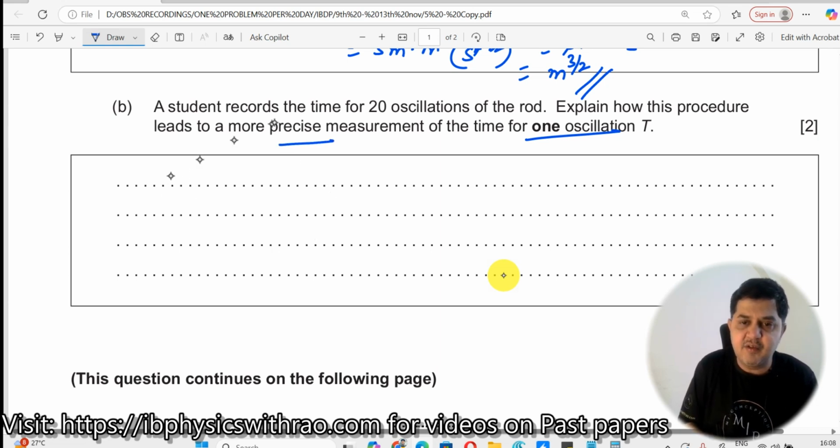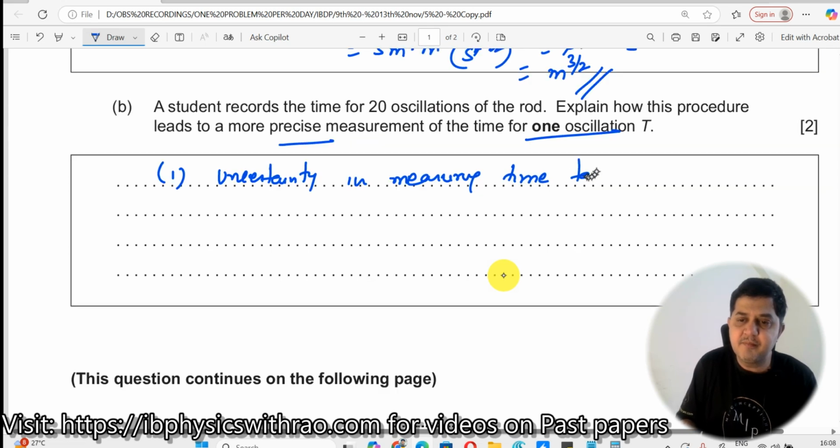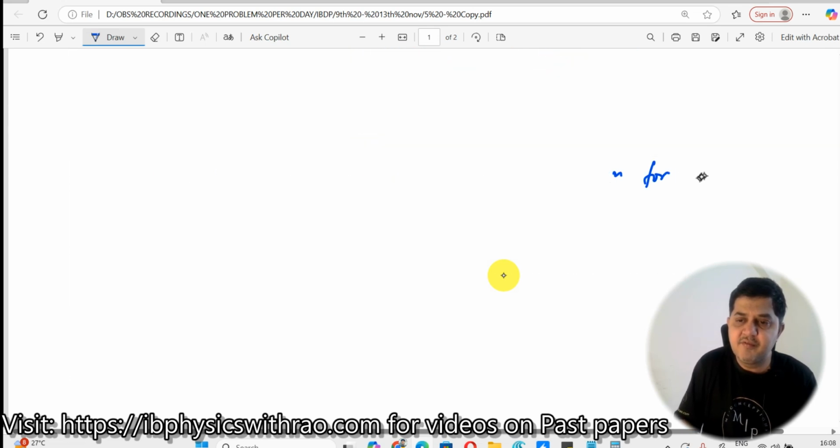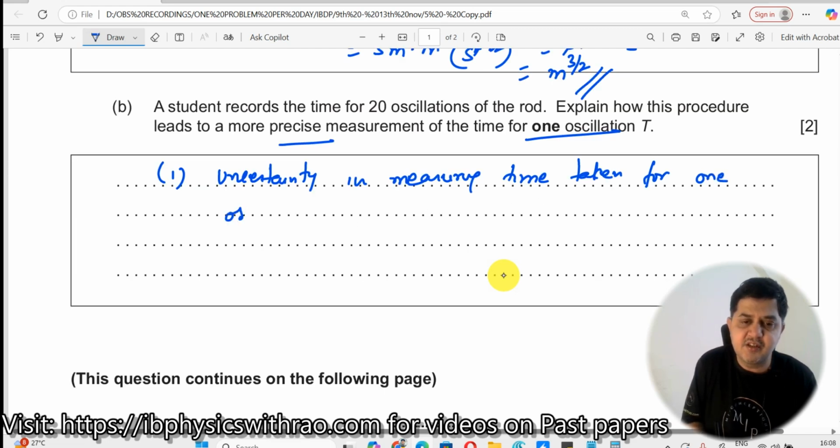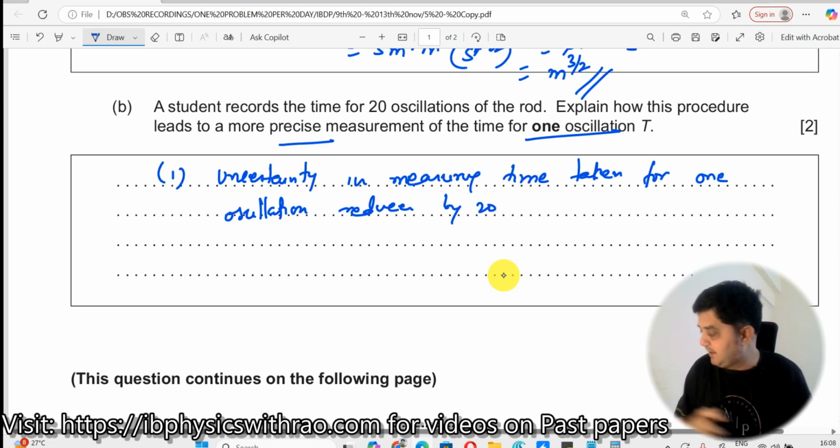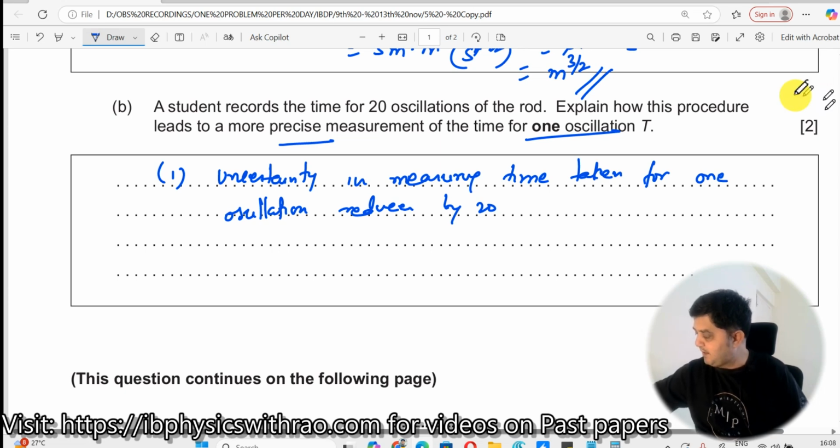First, when you record the time for 20 oscillations and then find the time taken for one oscillation, the uncertainty in measuring the time taken for one oscillation reduces by 20, right? It reduces by a factor of 20. That is what exactly happens.